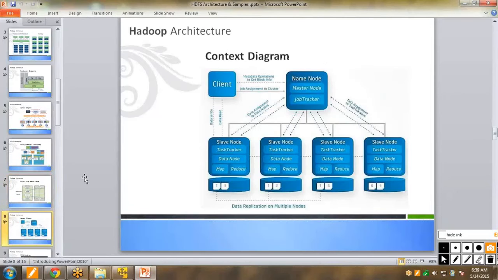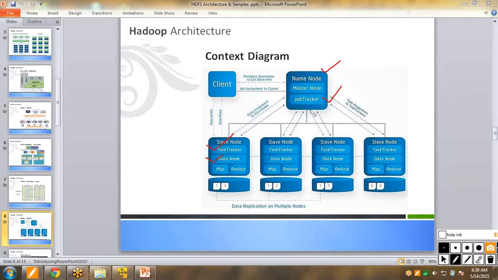In other words, the picture would look like this. In a cluster, we have a name node. There will be a job tracker on one of the main servers, and if you come down to the slave node level, we have the data node and a task tracker. These two are the primary daemons running inside a slave node, one per slave node.